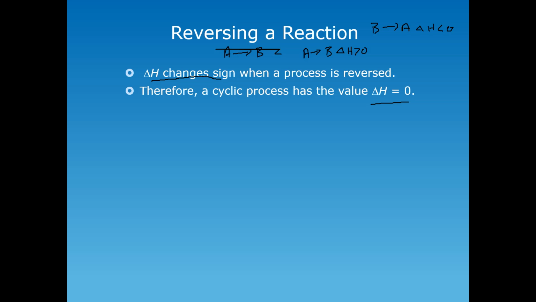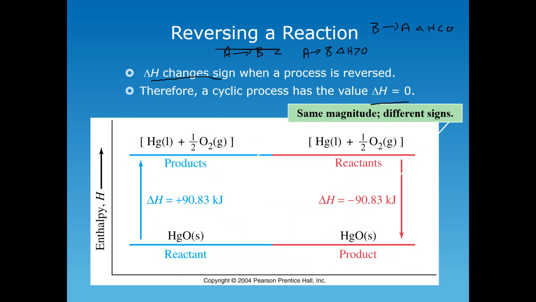so another property of delta H is that if you have a reaction, let's say hypothetically going from A to B, and let's say delta H is positive, then going from B to A would mean delta H is negative, right? The magnitude, in fact, would be the same, but the sign would be reversed. And here's an actual example, the reaction between mercury and oxygen to form mercury(II) oxide.